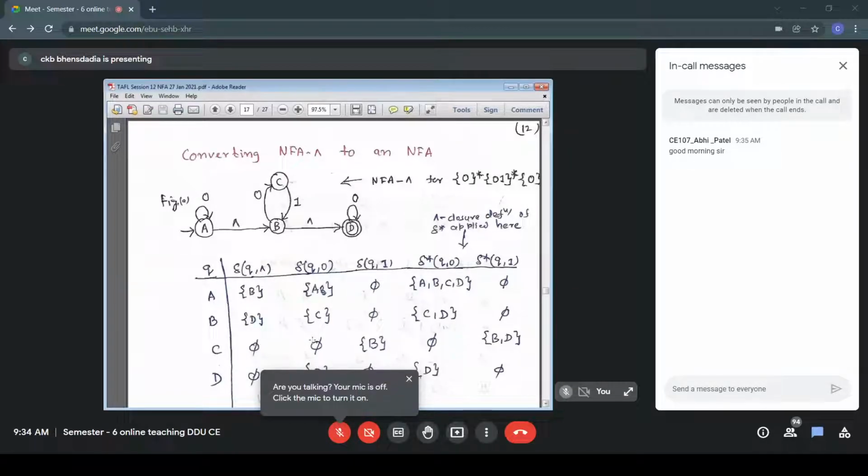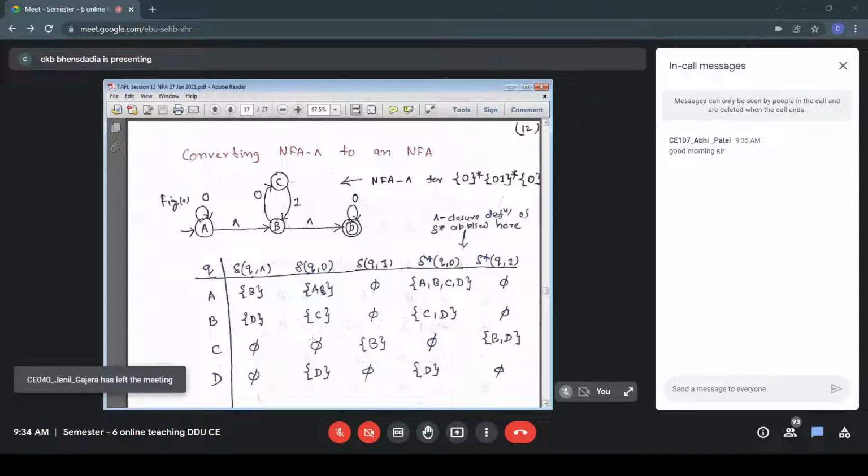So the language is 0 star, 0 1 star, 0 star. We have plotted NFA-null 0 star in the state A, then a null transition. Then between B and C we have 0 1 star, and one more null transition because it is concatenated with 0 star, the last part of the RE. And so in the state D, it is 0. D is the accepting state.